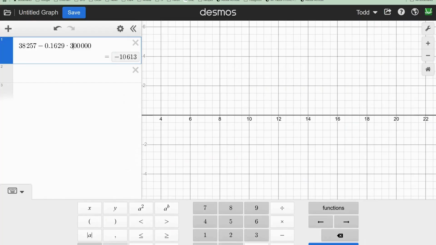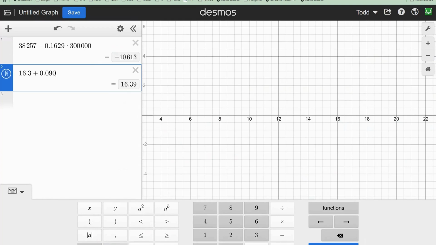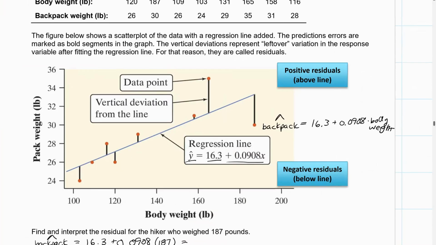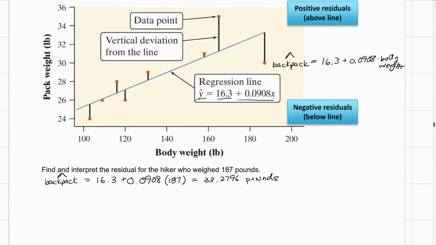So I'm going to go down to the next line. And again, one more time, 16.3 plus 0.0908 times 187. And we get 33.2796. That unit will be in pounds, backpack pounds. All right.